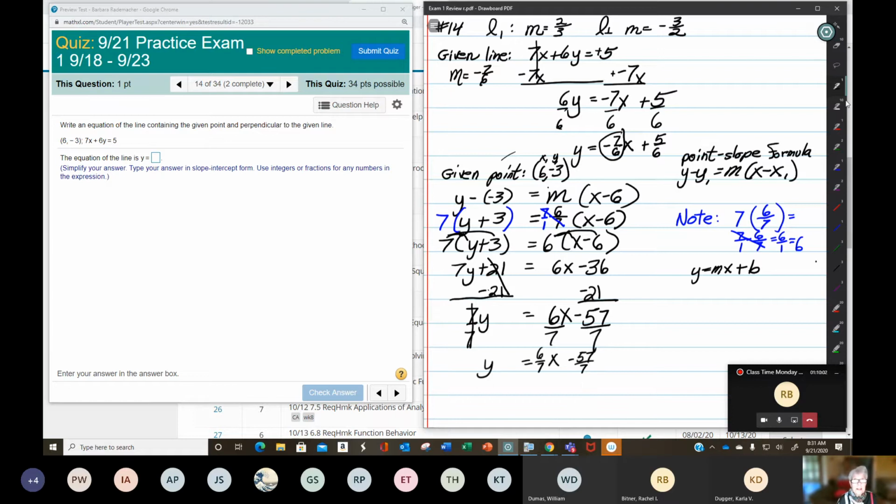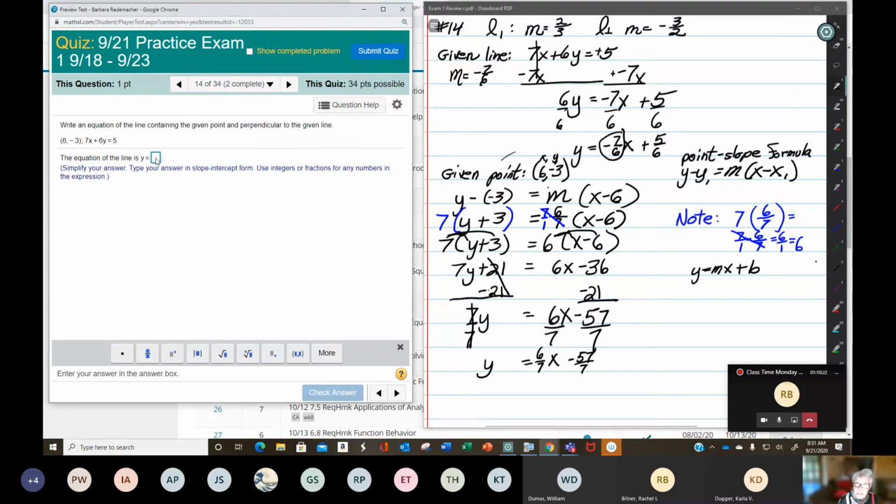And then I put that in here to see if it's correct. Notice they've already written the y equals, so all you have to do is write the rest. I'm not going to write in the box because I have to type in the box.